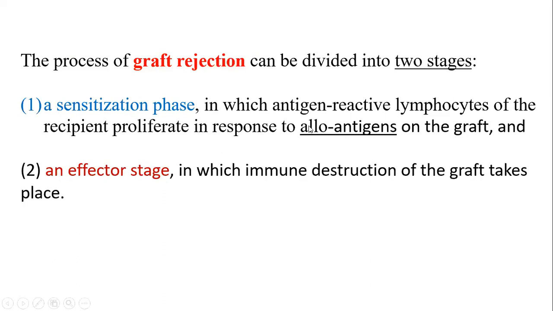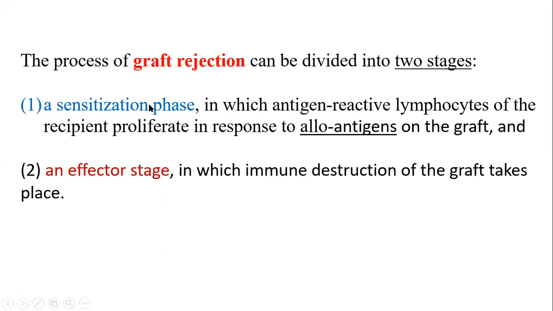I will take some time, slowly sensitize my lymphocytes and my immune system, and recognize this alloantigen. After this sensitization process, they make sure it is an alloantigen, not a self-antigen, probably coming from a foreign tissue or the graft.